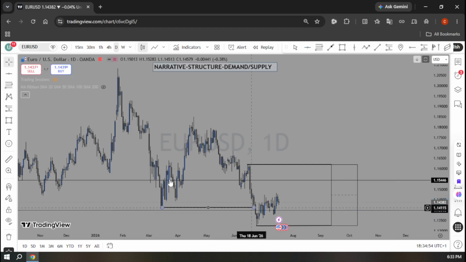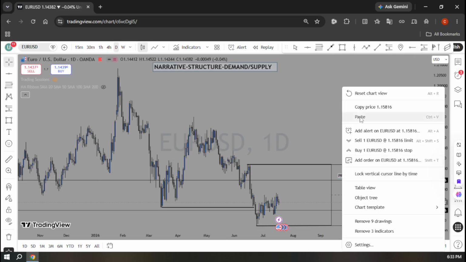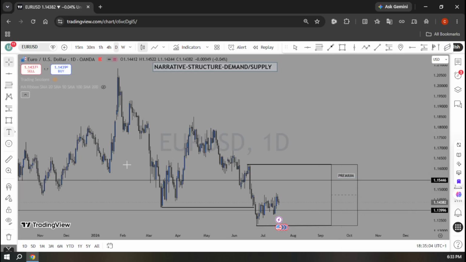So taking this out, right here is my premium price, and right here is my discount price. So you see, with this it's pretty clear. I know what I want to do when I come to the market.